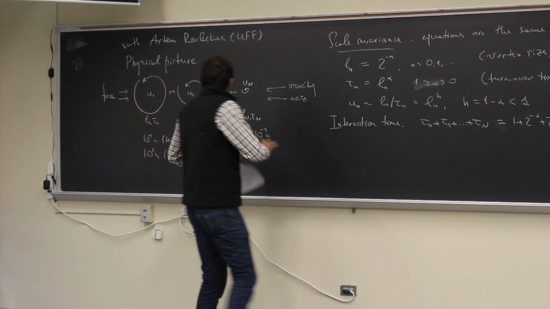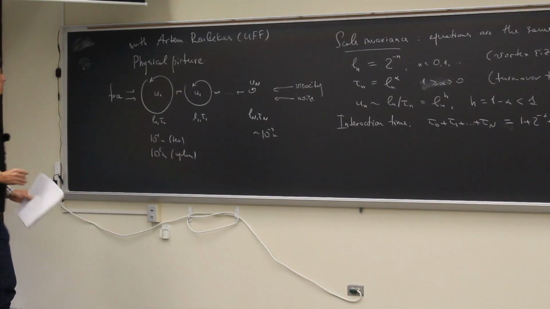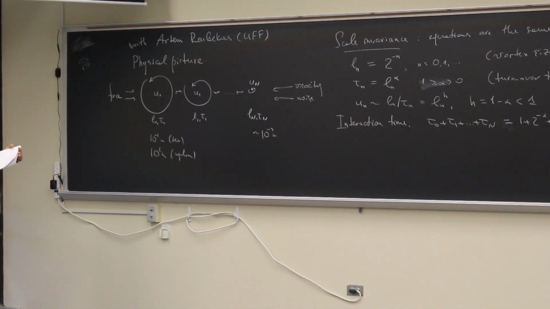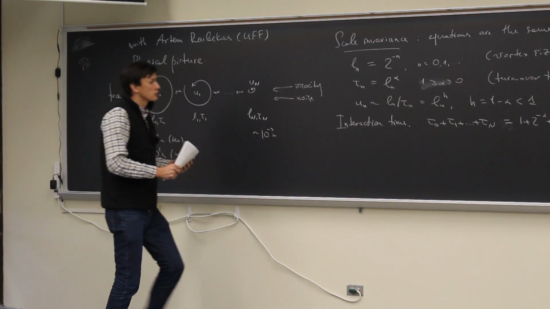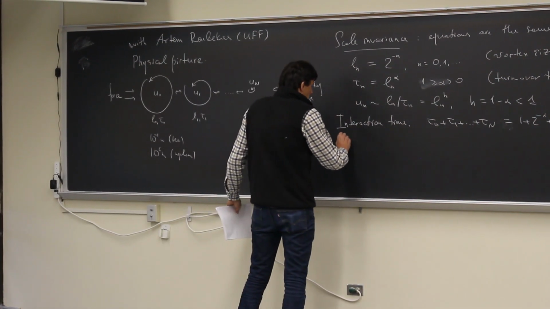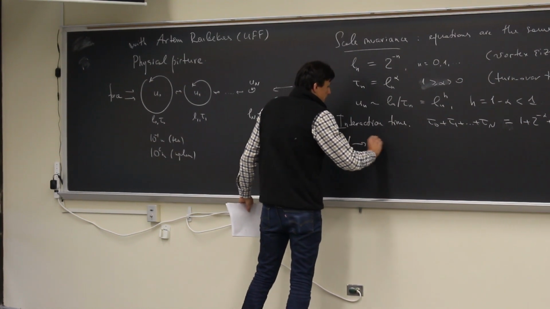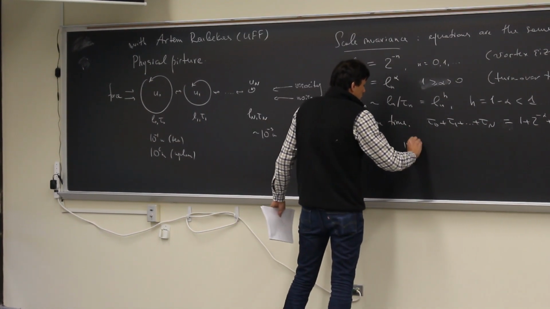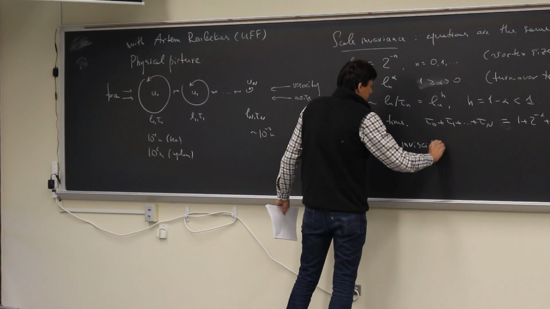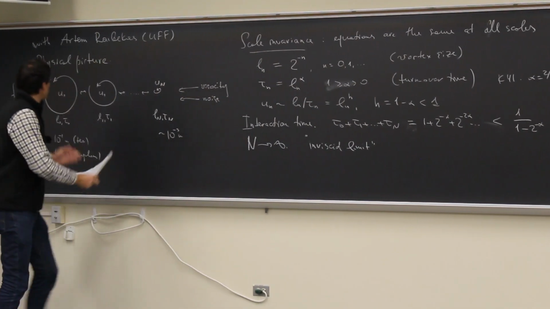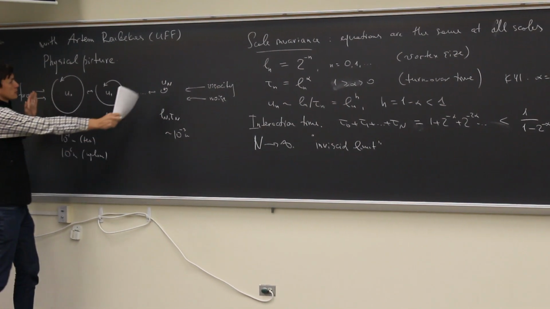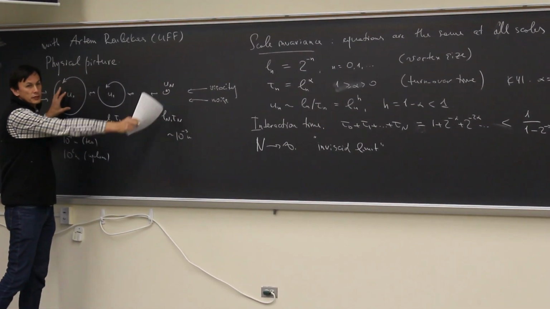So that's an important thing, and the lesson from this is that in order to understand what happens, it's natural to consider the limit of n going to infinity. This is what we call the inviscid limit. First of all, for practical applications, there is a huge difference between large scale and small scale.